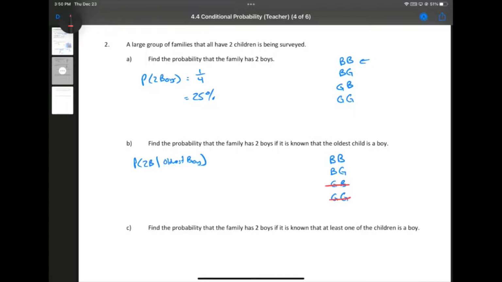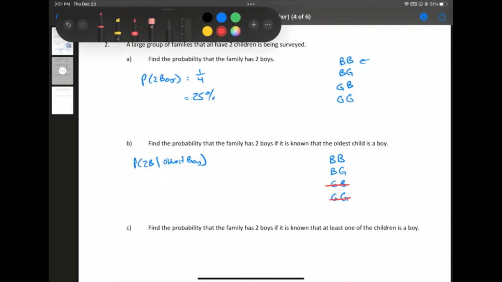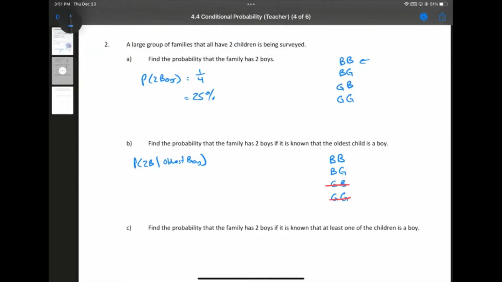So now we only have 2 scenarios left that are valid, and one of them is what we're looking for, the probability of having 2 boys. So this one's just 1 out of 2 instead of 1 out of 4. And that's 50%, obviously. Now, of course, you can think about this in a slightly different way.